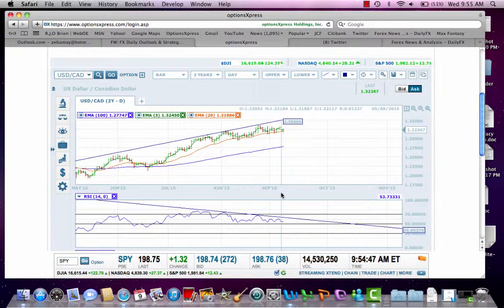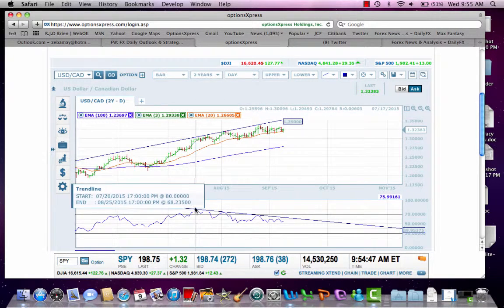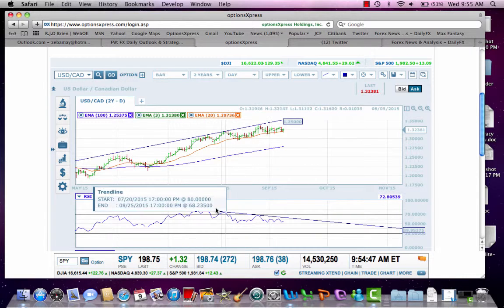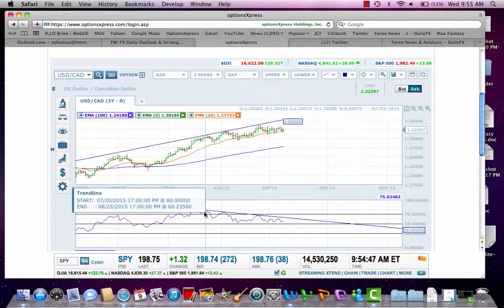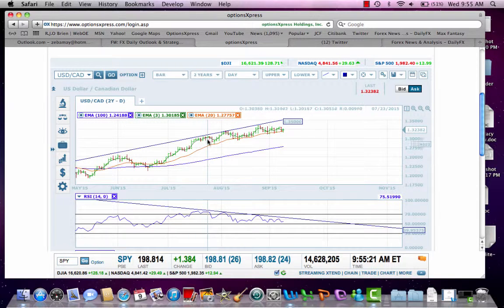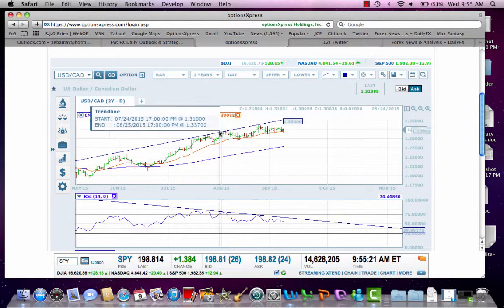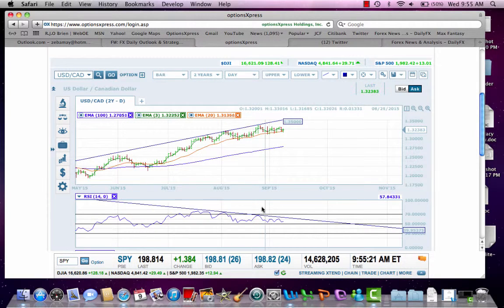The other thing that you want to look out for is the longer the divergence, frankly, the better it is. So you see a situation where we went back all the way to July. We went back over a month, where we've gone higher. We've made new highs. You see these new highs, yet we've made lower lows on the RSI.